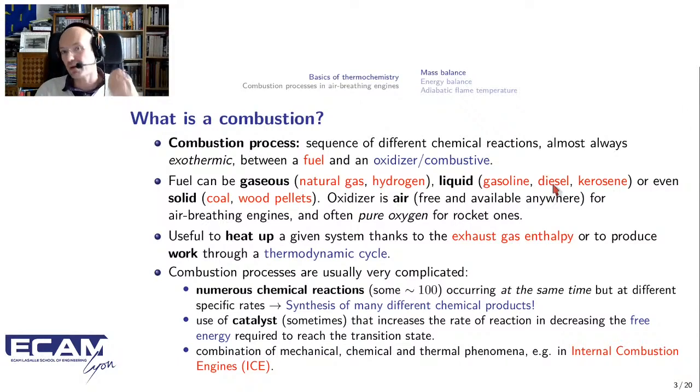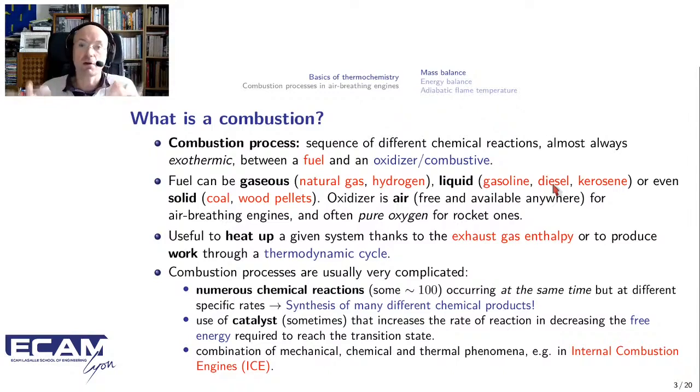And so you need to carry on board all the oxygen you need for the combustion process. This is the reason why, and I will come back to this in the next session, both fuel and combustive need to be carried on board in a rocket engine. So rocket engines are the type of system that use pure oxygen along their combustion processes.